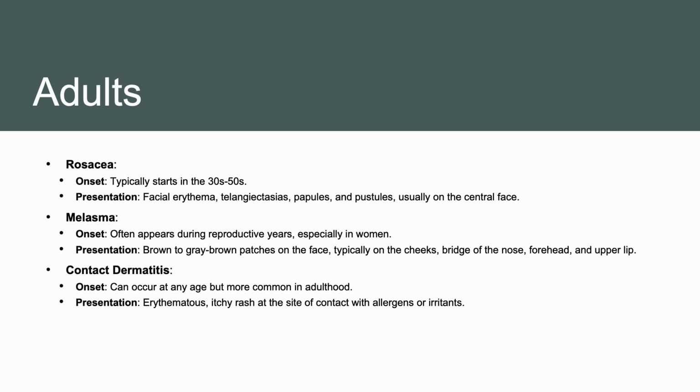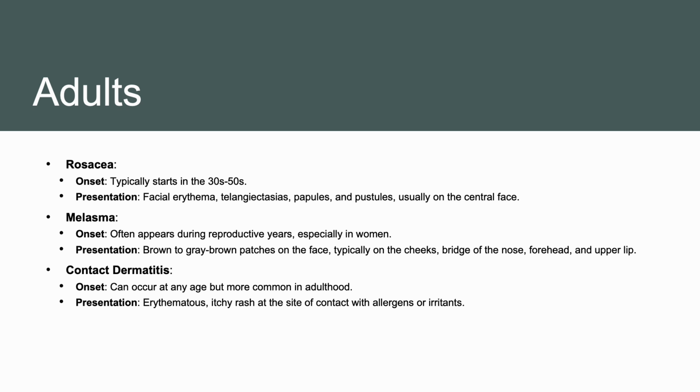Common conditions that occur in adults include rosacea, which typically starts in the 30s to 50s with facial erythema, telangiectasia, papules, pustules on the central face. We talked about avoidance of triggers such as sunlight, spicy foods, alcohol, and coffee. Melasma occurs mostly in women during reproductive years with hyperpigmented patches on the face, usually on the cheeks, bridge of the nose, forehead, and upper lip.